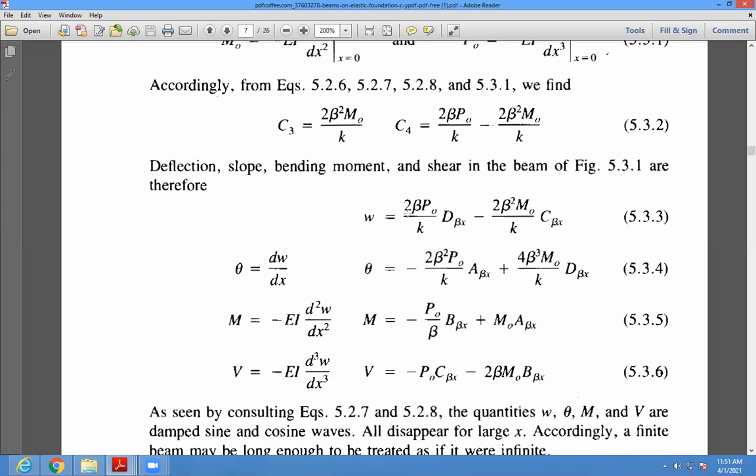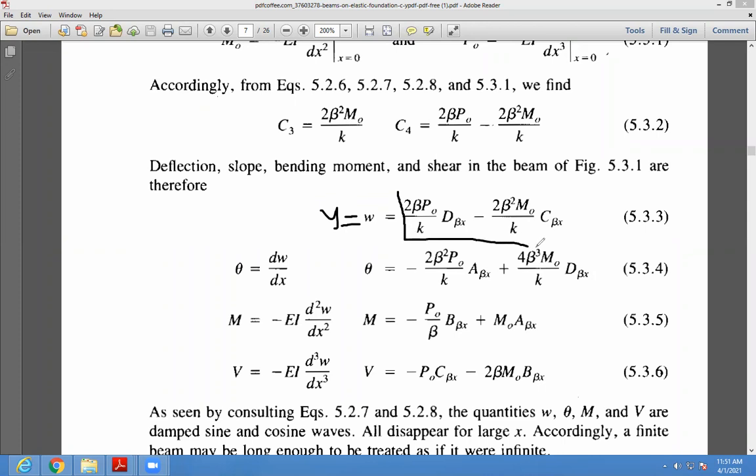So put those values of C1, C2, C3, C4 in the equation of y, or deflection delta or w. C1, C2 are automatically 0, so the first term is gone.